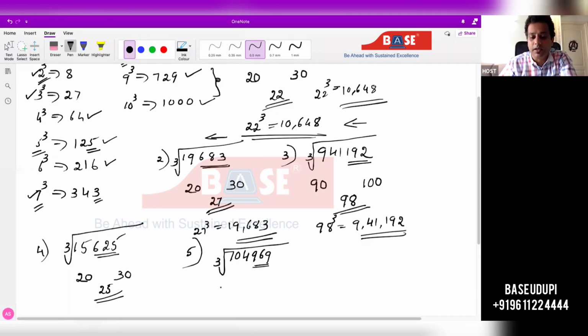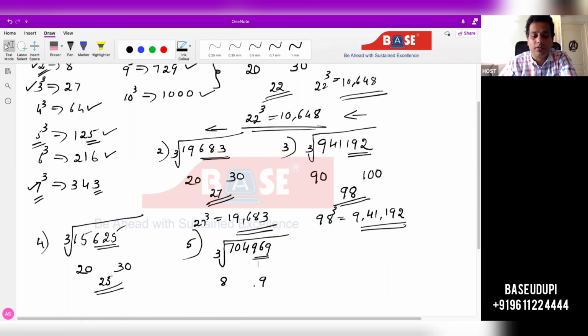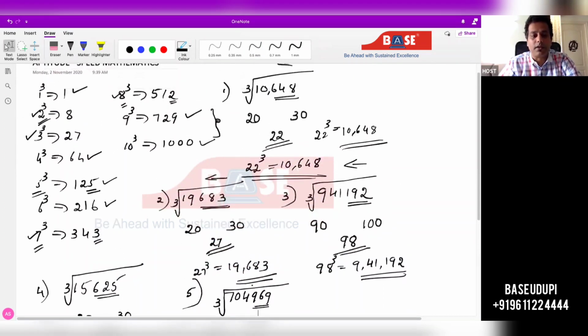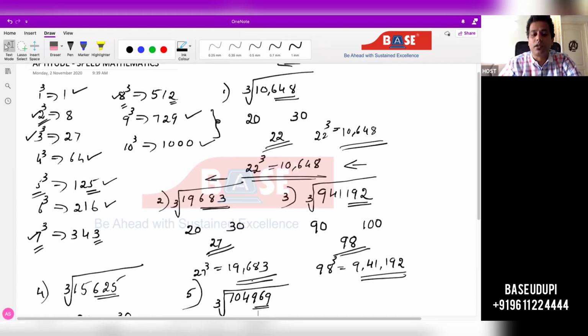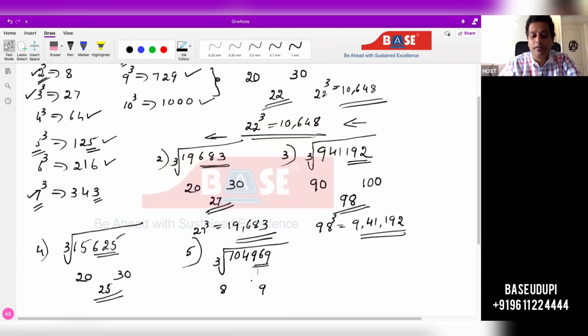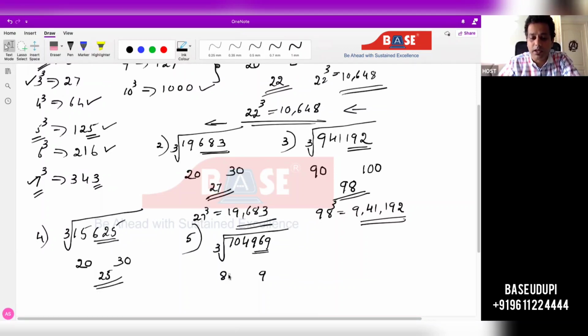It is between 8 cube and 9 cube. For your reference, 8 cube is 512, 9 cube is 729, so 704 is between 8 cube and 9 cube. So the answer is between 80 and 90.